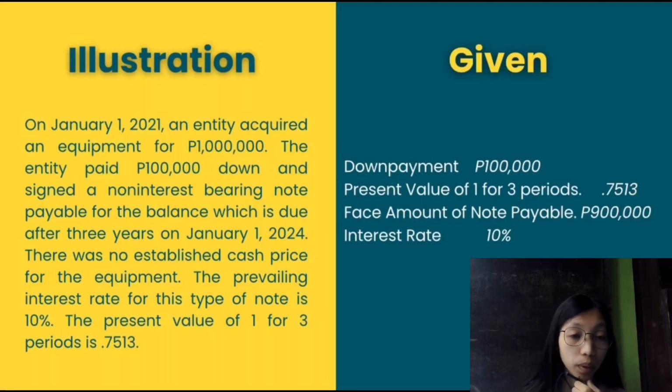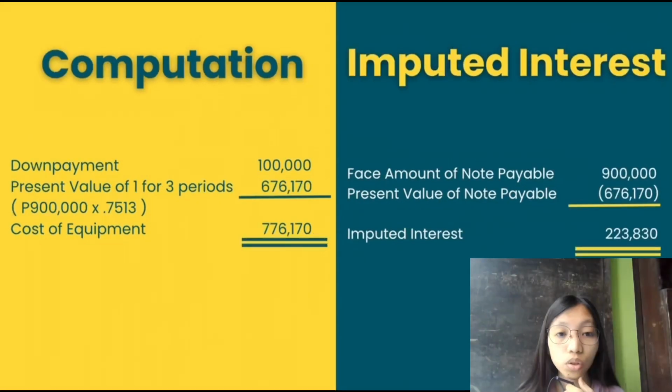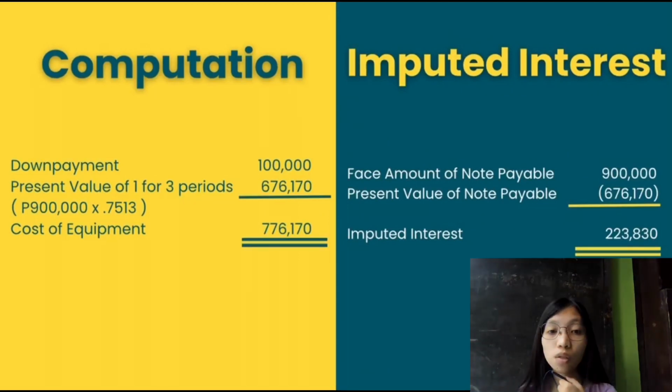So, next slide please. So, in computing for the cost of equipment, we have the down payment, which is 100,000, added by the present value of note payable for 3 periods, which is 676,170.